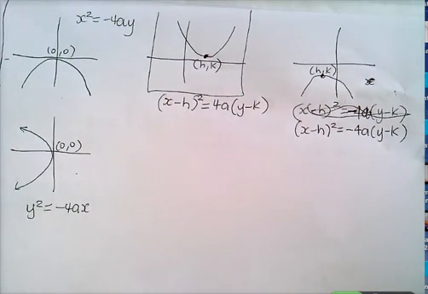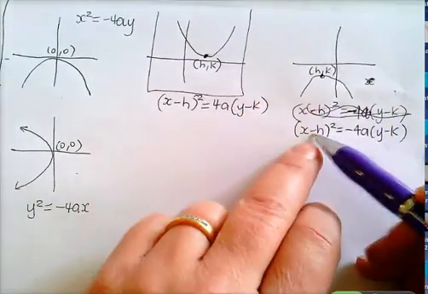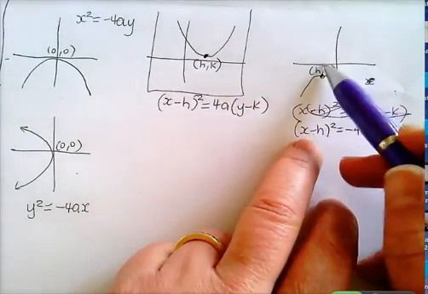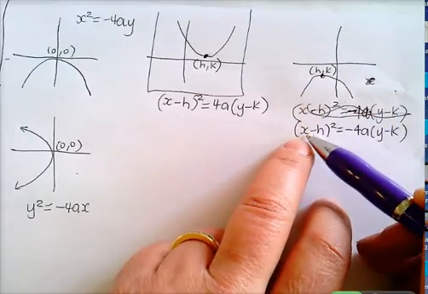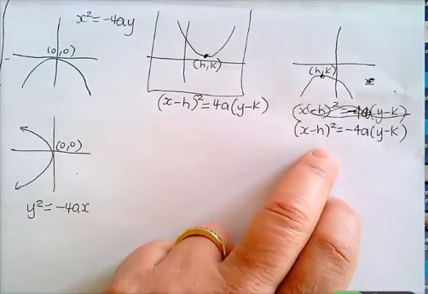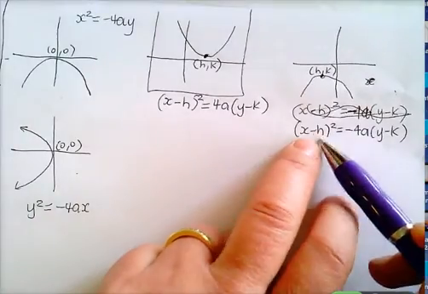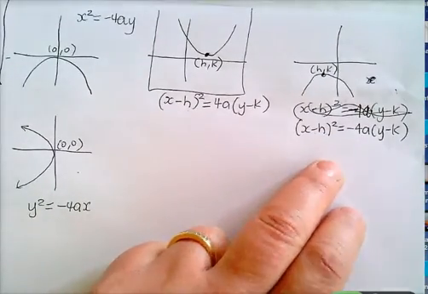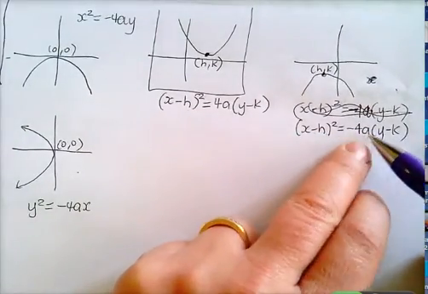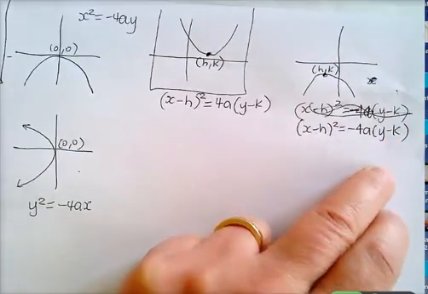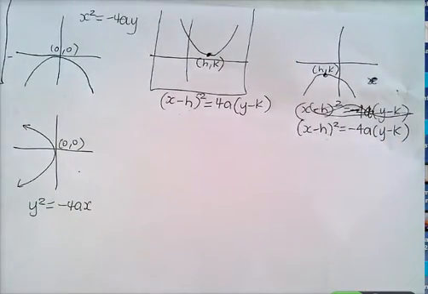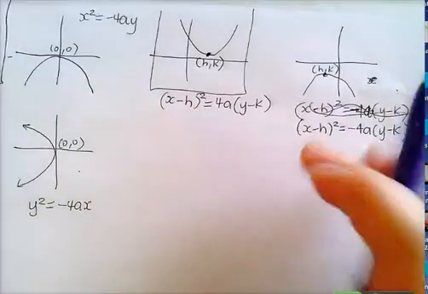With the circle, it doesn't matter whether the centre is negative or positive, because you're substituting the negative value into the formula. Let's say this was negative 2, negative 1. You'd go x minus negative 2, which becomes plus. But the formula is not plus. It's always (x minus whatever h is) squared equals minus 4a(y minus whatever k is). That's what you're substituting into.